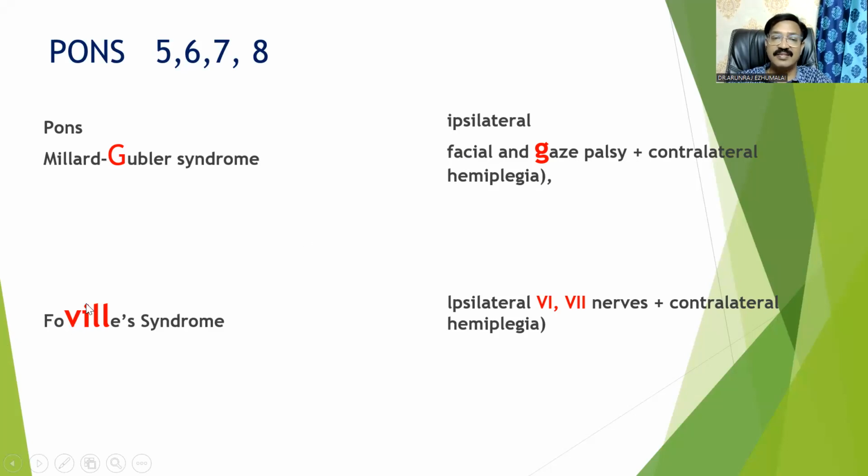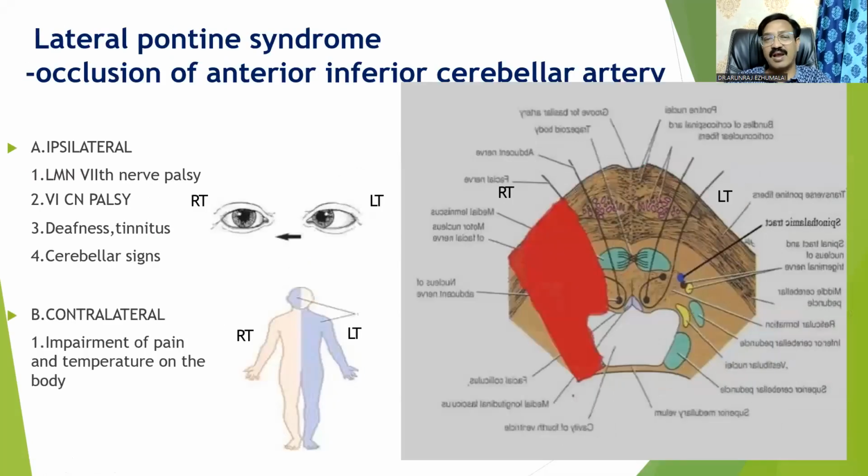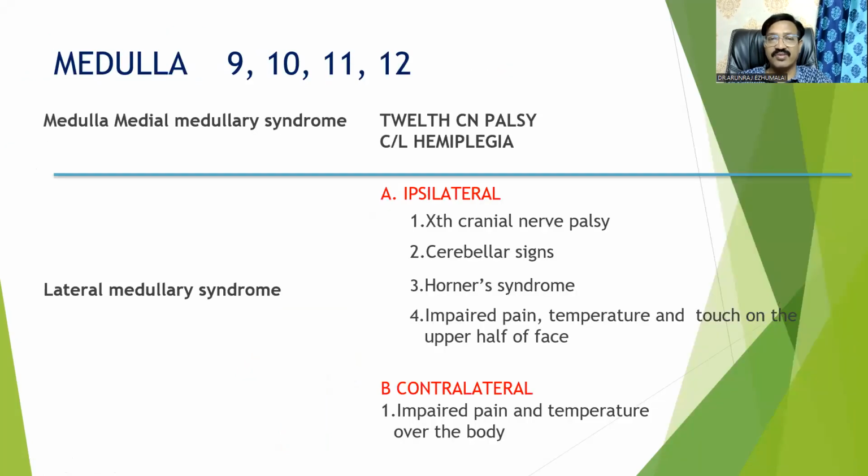Foville syndrome, 6, 7. Just a clue: ipsilateral 6th and 7th nerve plus contralateral hemiplegia is Foville syndrome. There are these median, inferior and superior syndromes. That is almost PG standard, I don't think they will ask you.